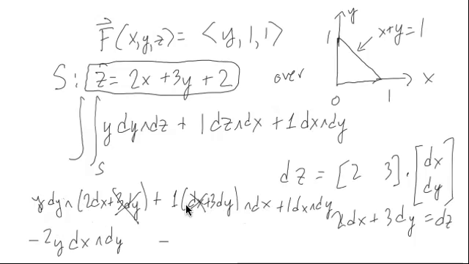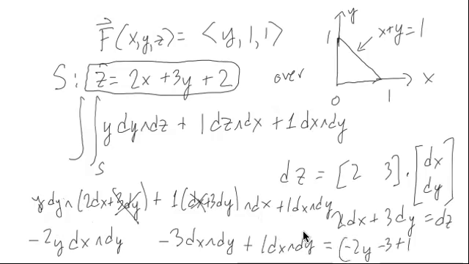Here we have this 3 and 1 come together, but we're going to make it negative because the dy and dx are out of order: dx dy, and then we get plus 1 dx dy. Now we can factor out the dx dy and just have negative 2y minus 3 plus 1 times dx dy.